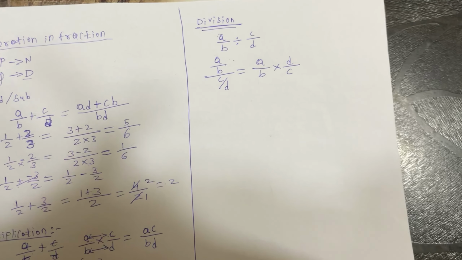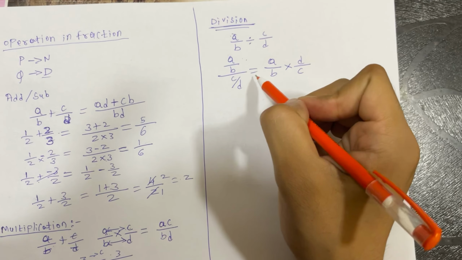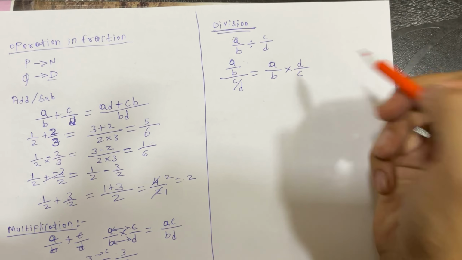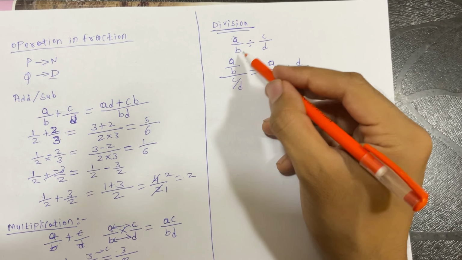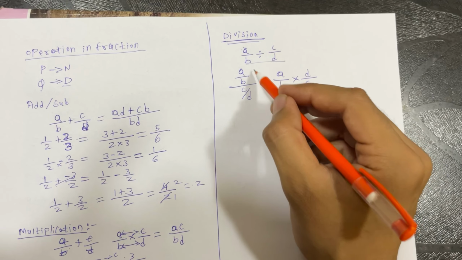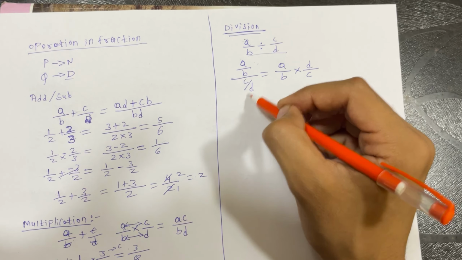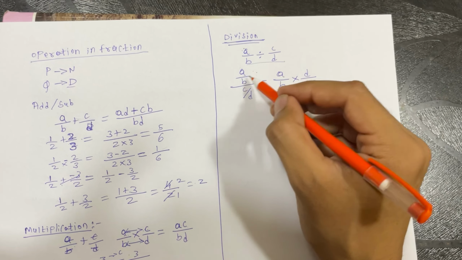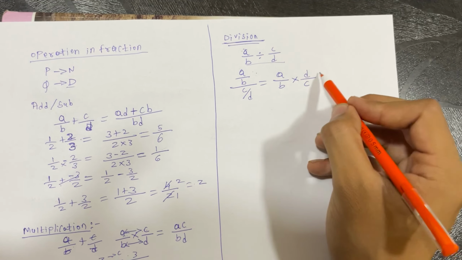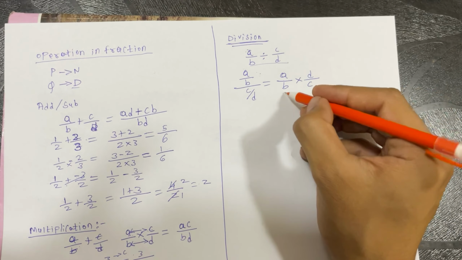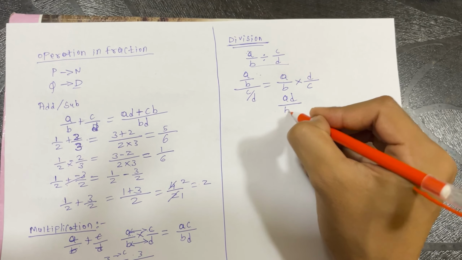Okay, so this is how division is done. So if it is given in this form, we have to first convert it into this form, then we have to take the fraction into numerator and then we have to multiply it, and you know how multiplication is done, right? So a into d over b into c.